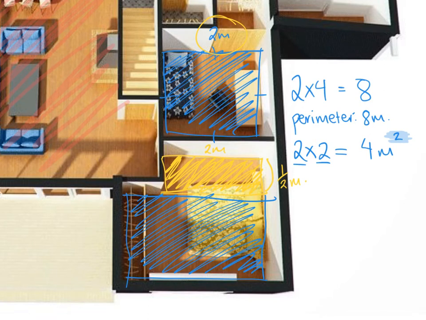Now I'm going to estimate that this side and this side are the same length. Okay, they look really similar to me. So that actually tells me that the total along this wall is 2 meters plus 1/2 meter. So it's probably 2.5 meters.